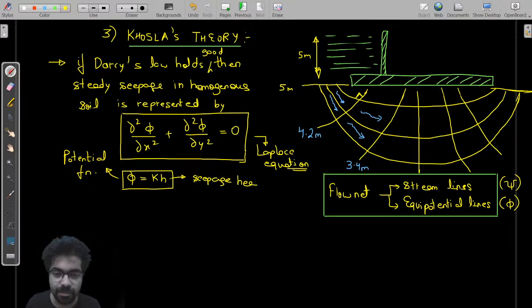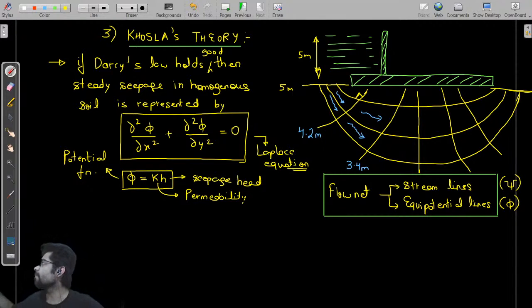H is seepage head, and K is your permeability. So according to Khosla, everything is in accordance with seepage theory.